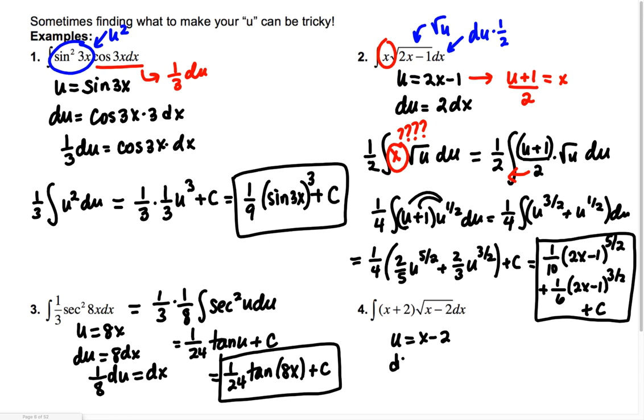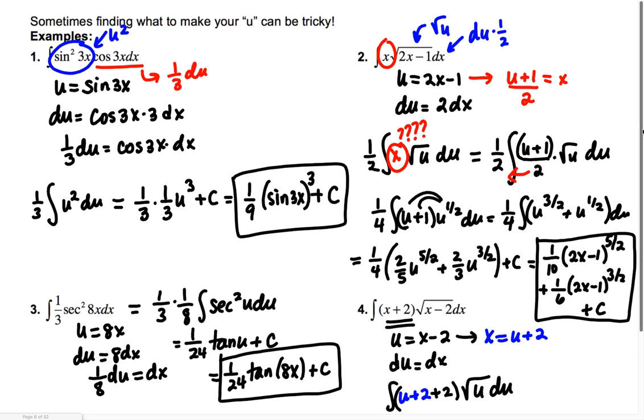So our du then is dx. And we solve. So I got my square root of u and I got my du. But I still have this x plus 2. So we have to take care of that. So we solve for x and we say, well, x is u plus 2. So I have u plus 2, plus 2. Do you guys see it? Square root of u du.